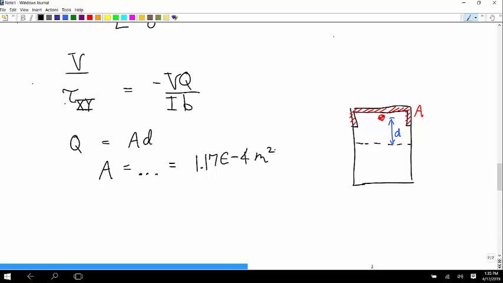And for the centroid, I did it the same way. So the y centroid is equal to 1 over the total area times the area of the big outer rectangle, which would be 2.5 times 10 to the minus 4, times the y centroid of the big outer rectangle, which is 0.01875.